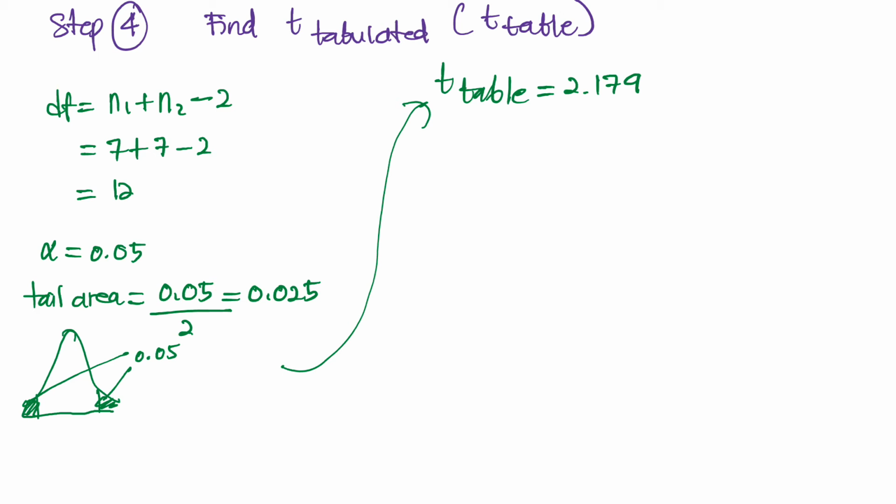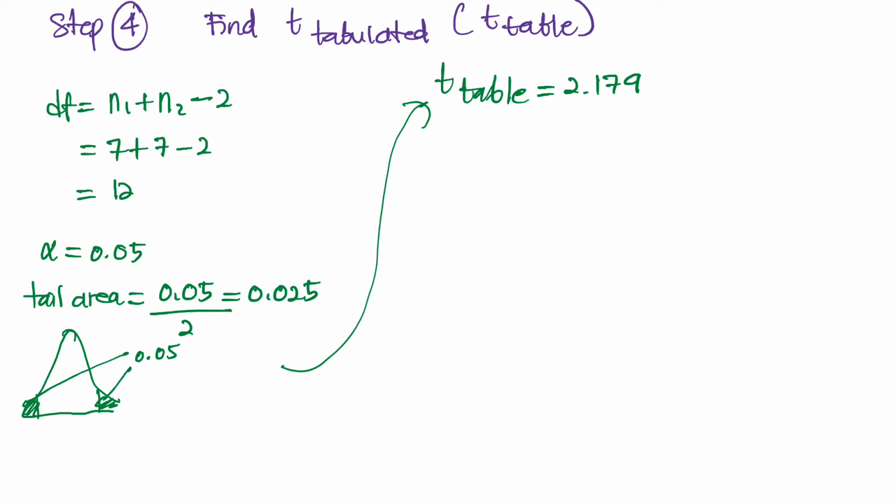The next step is to find T tabulated or T table. First, we have to find the degrees of freedom, df, given by the formula n1 plus n2 minus 2. So in this problem, df is given as 12. Next is to find the tail area.